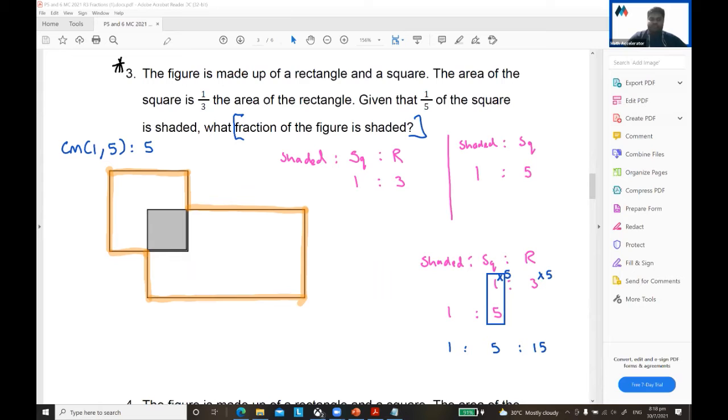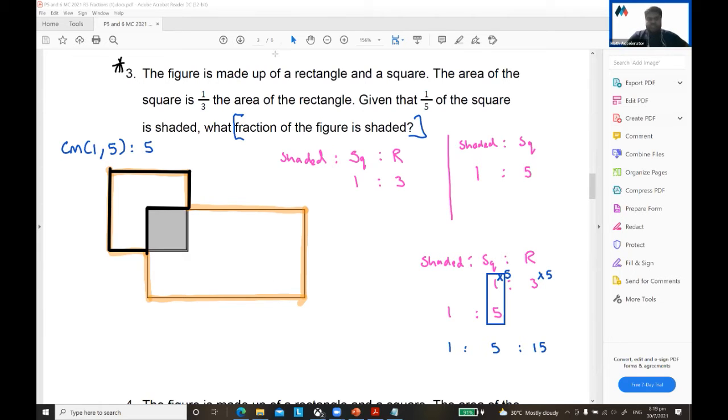Which means to say, if I were to take the rectangle into account as part of the figure, then you realize that this part is actually not a square. It is actually a disfigured looking figure. You see it. So it's actually one rectangle and one disfigured L-shaped figure that makes up the entire figure.